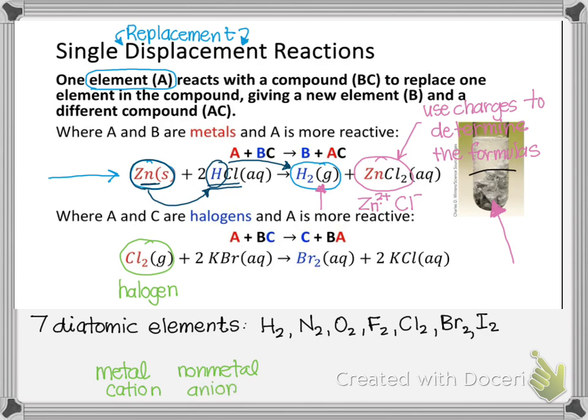And so here, if we have a halogen, this chlorine will kick out the bromine right there. There's bromine. So now if we look on the product side, bromine is all by itself.